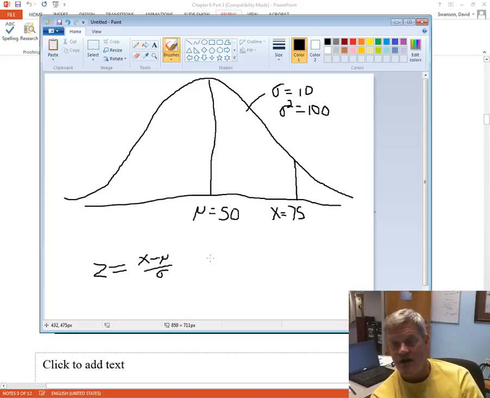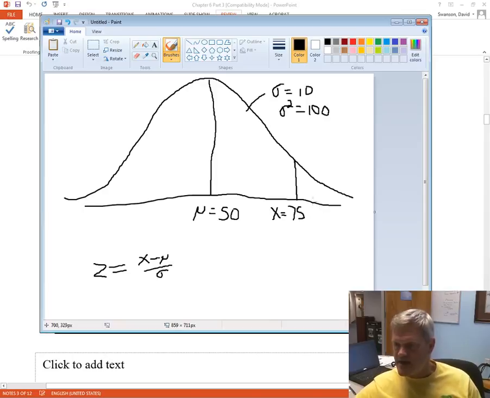We've gone out into the barn about 100 times over the last year, and we've counted elephants. Whenever we count them, we have an average of 50 elephants with a standard deviation of 10. So we want to know what's the possibility that we're going to have over 75 elephants.